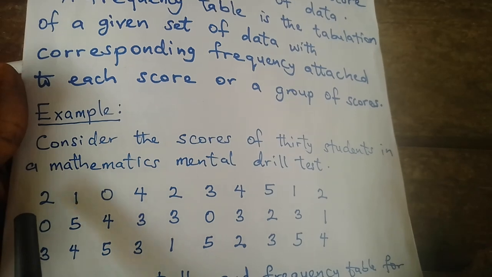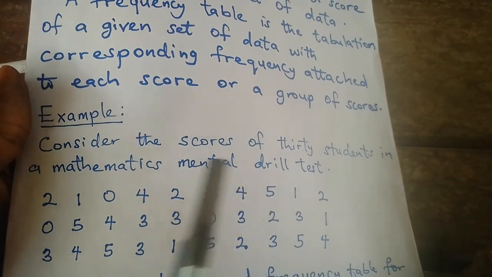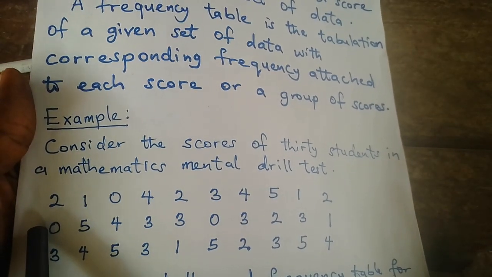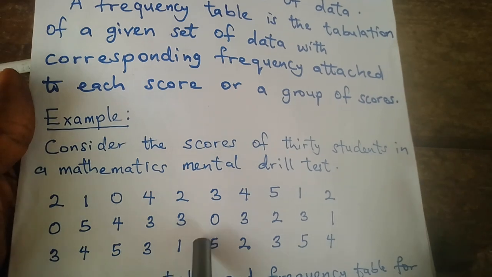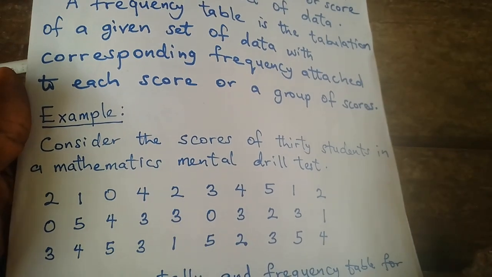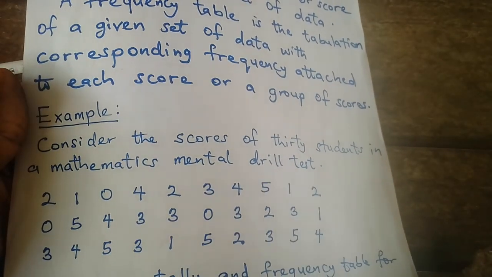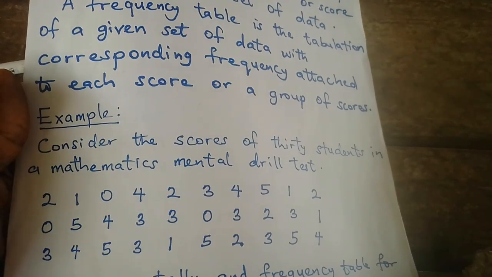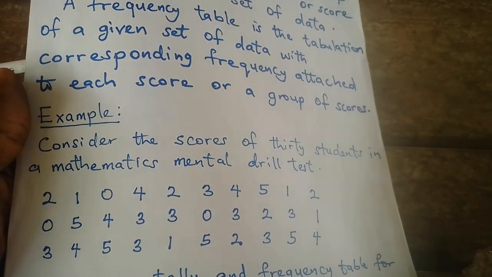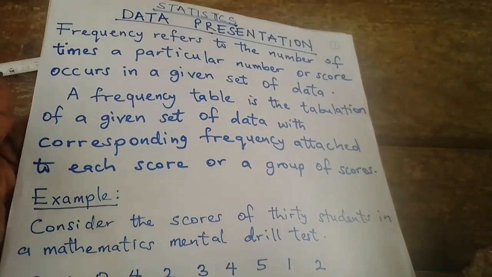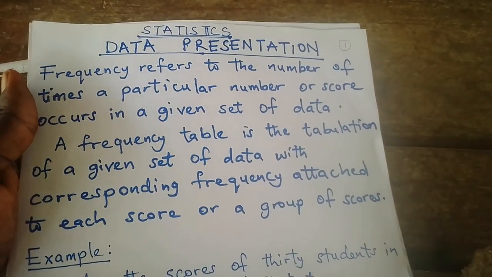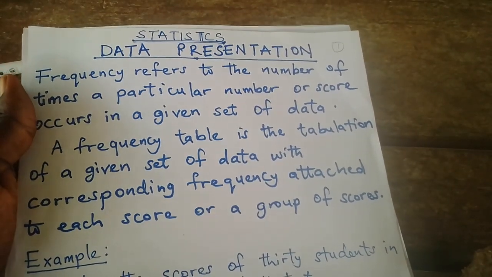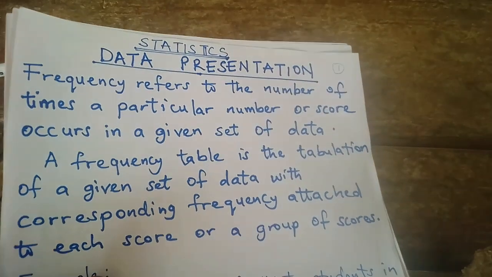Unless we present it properly, like this, if we want to get any information from this set of numbers, it will take us time. But if it has been presented on a table like that, at a glimpse, we will be able to get whatever we want to get. So we will be starting with the frequency distribution table.